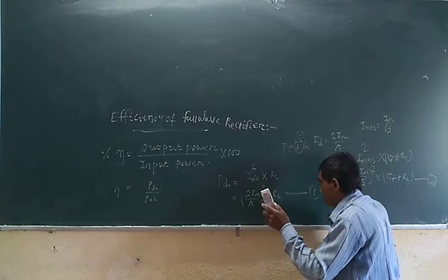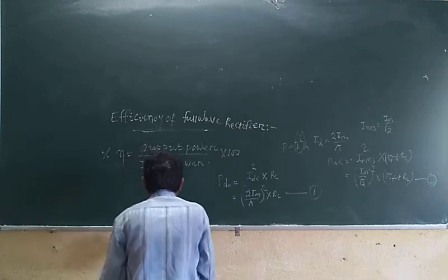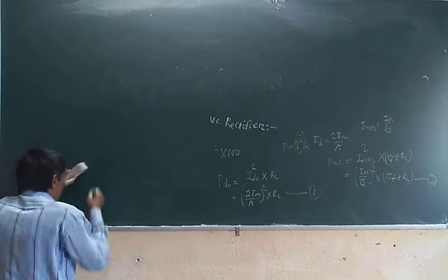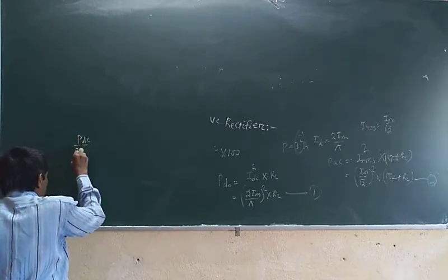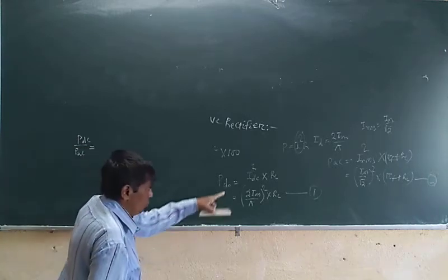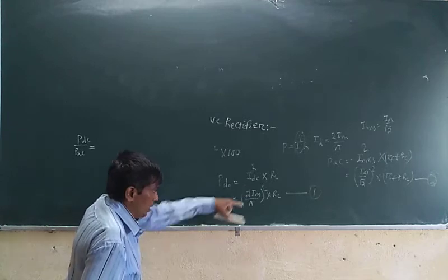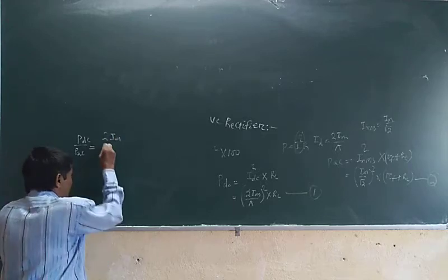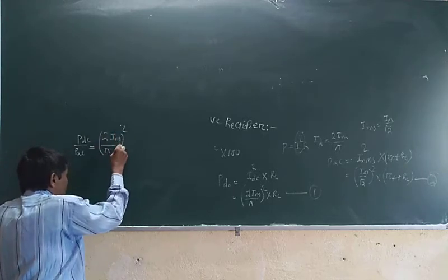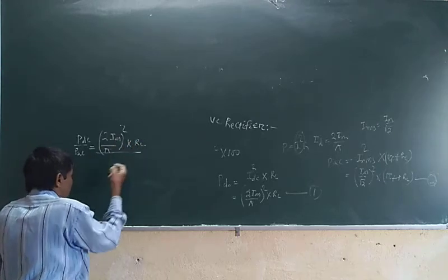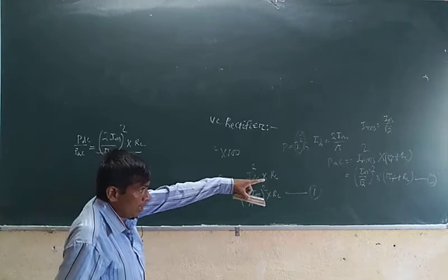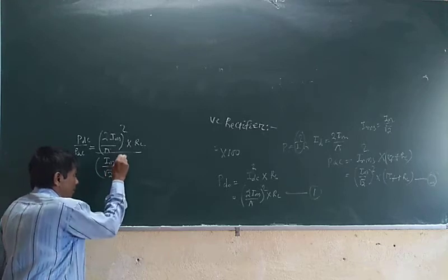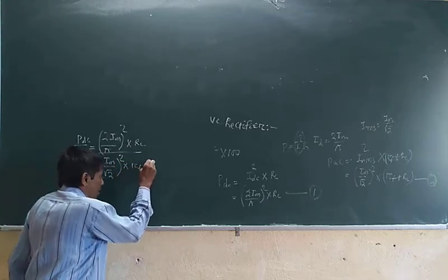PDC to PAC equals, PDC means (2Im by pi) square into RL, divided by PAC, and PAC means (Im by root 2) square into (RF plus RL).